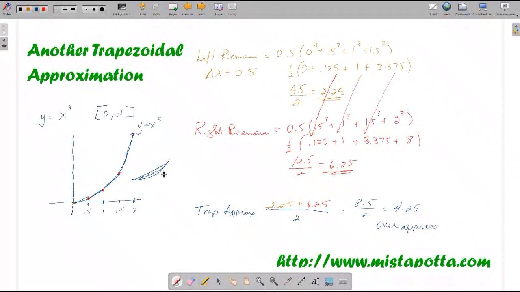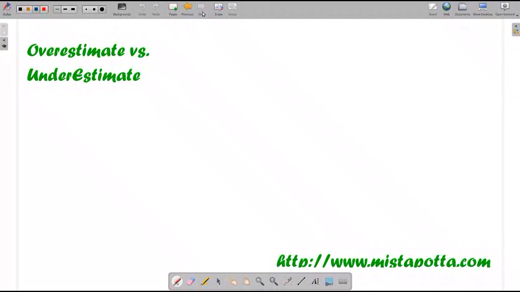And this actually brings up an interesting idea. We spoke last time about when our functions are overestimates and when our functions are underestimates. And remember that we're essentially dealing with 4 different situations.